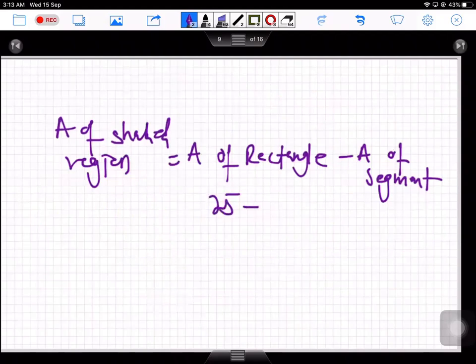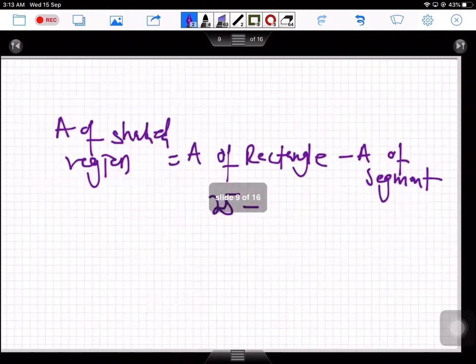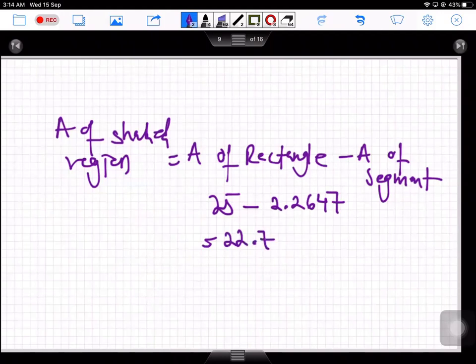So 25 minus the area of segment, which we just found out, 2.2647 centimeters square. So your final answer is supposed to be 25 minus 2.2647, and this is 22.7353 centimeters square. So correct to 3 significant figures, your final answer is supposed to be 22.7 centimeter square.